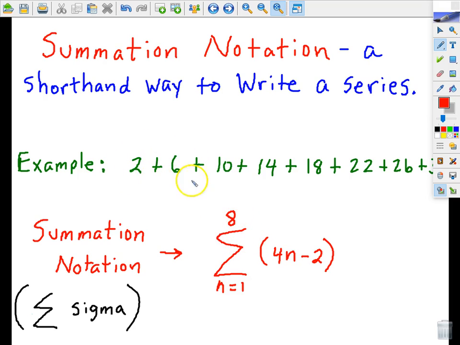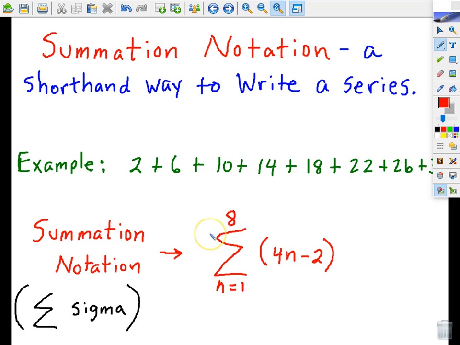And instead of listing out all 1,000 terms and showing that they're going to be added up to come up with a sum, we can just do a condensed version of that entire series by using what we call summation notation. Notice that it involves this capital letter sigma, and a big part of this lesson is how do we come up with this expression to the right of sigma.